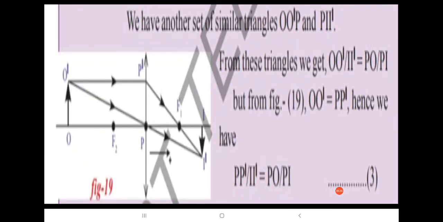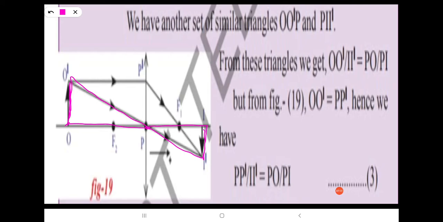And here we have other similar triangles. Those are O dash P and P I dash. These two are also similar triangles here. So from this we can write O dash equals I dash.